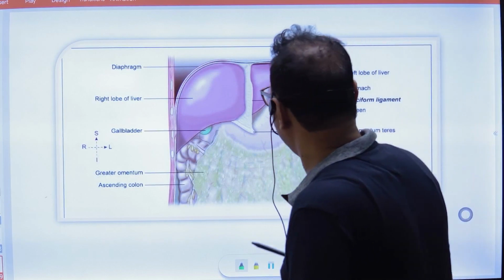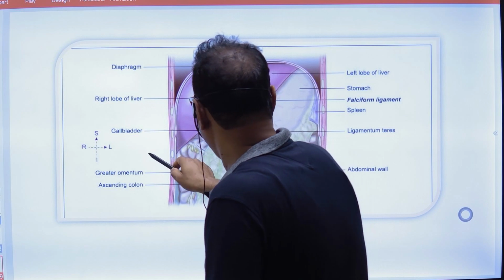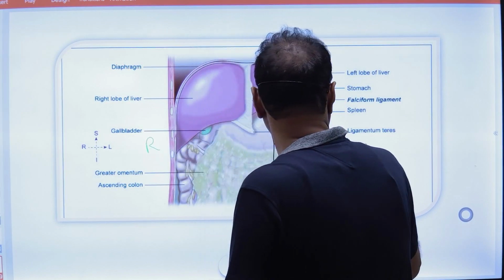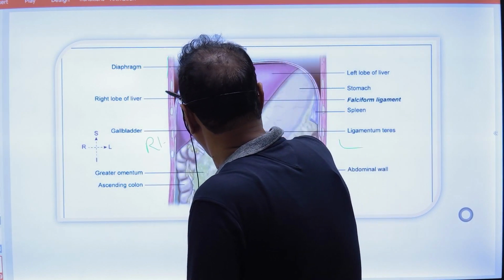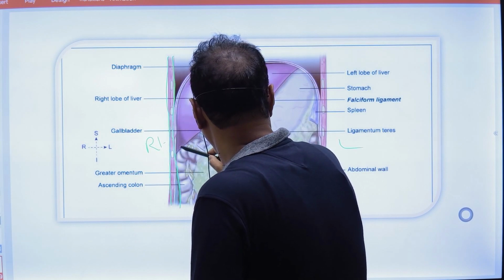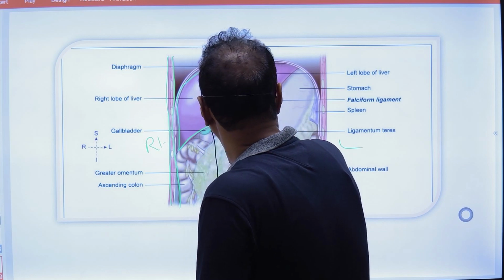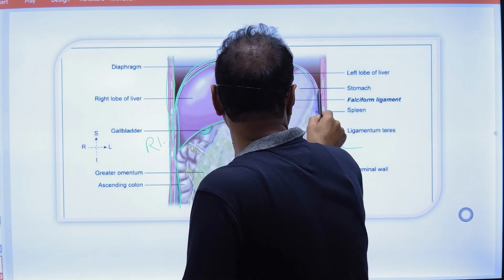See over here, we have a diaphragm. This is the right side, this is the left. In this cross-section we have the liver over here, and the diaphragm over here. This is the diaphragm.